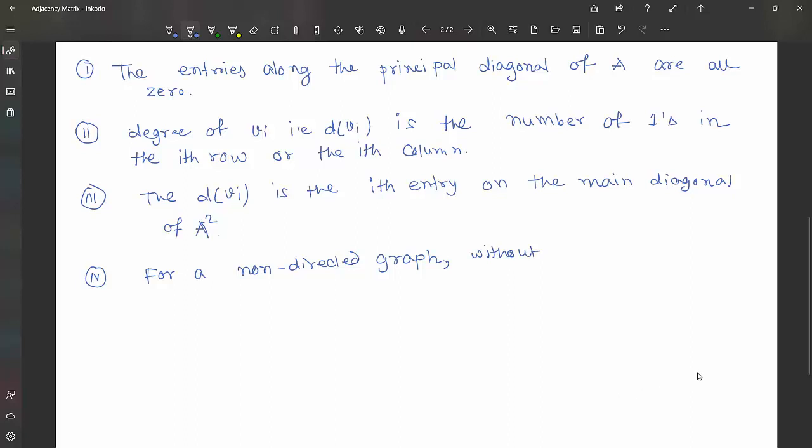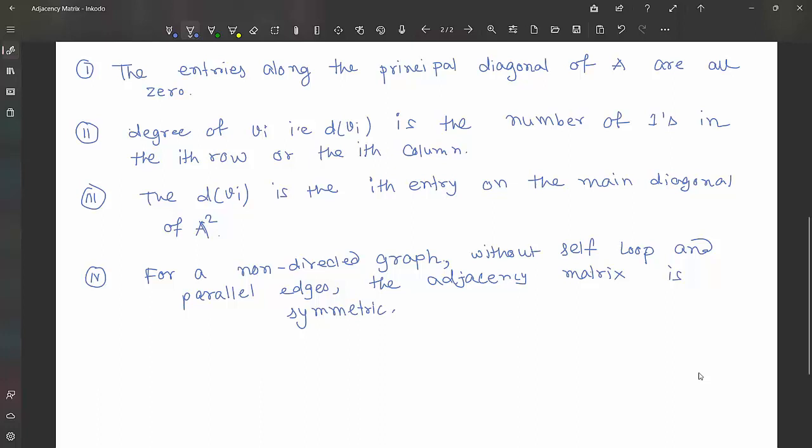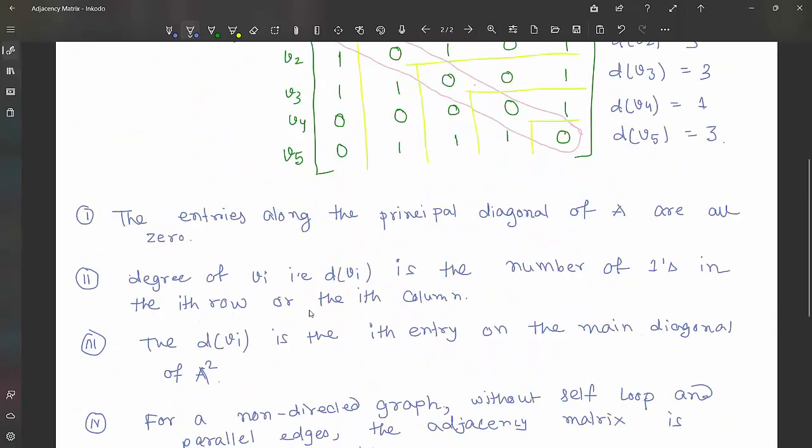For a directed graph, it is not necessary that the adjacency matrix would be symmetric, and you will see that for a directed graph it is not necessary. So that is the observation from the adjacency matrix.